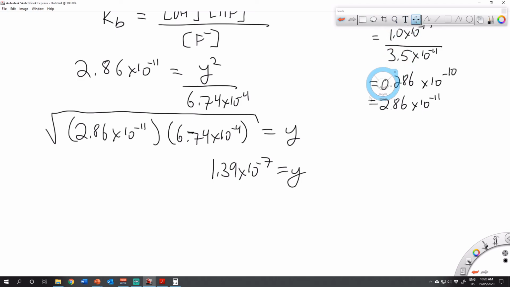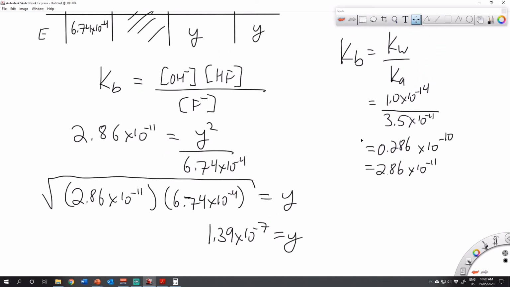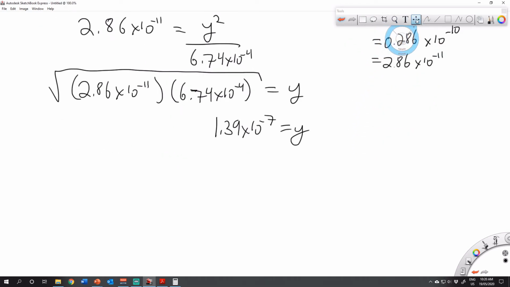That's a very small number, even when comparing to the original concentration. Now that we have our concentration of hydroxide, y, which was the concentration of hydroxide, 1.397 times 10 to the negative 7, we can then calculate the pOH.